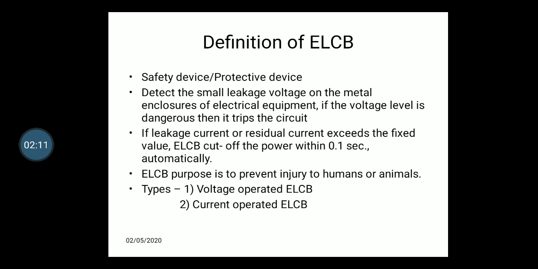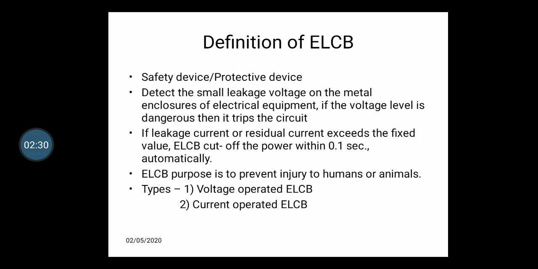So when an earth leakage circuit breaker is present in such a circuit where the leakage current occurs or where the leakage voltage is present on the metal housing of the electrical equipment, its function is to detect the leakage voltage present on the metal housing.